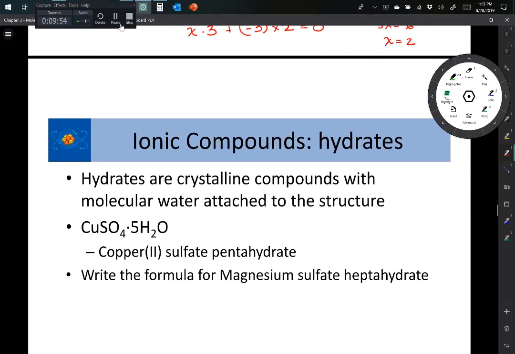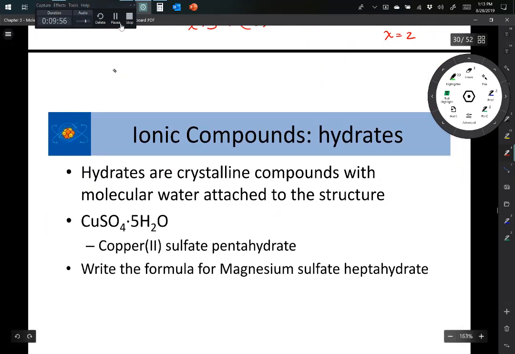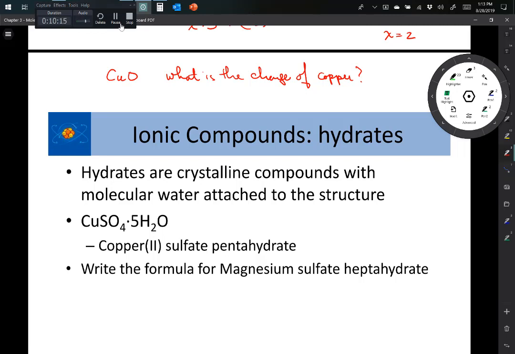Let me give you another one here real quick. CuO, what is the charge of copper? And we want to write its name. So when you have it and they're just like a 1 to 1, what's the charge of oxygen as an ion? 2 minus, right?